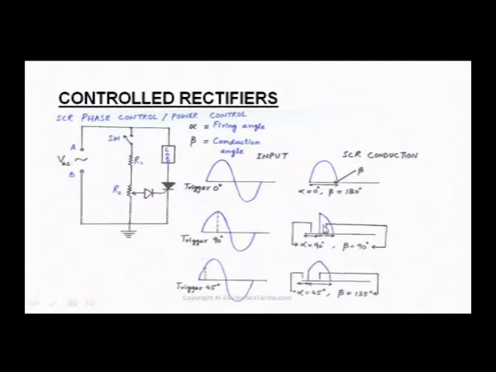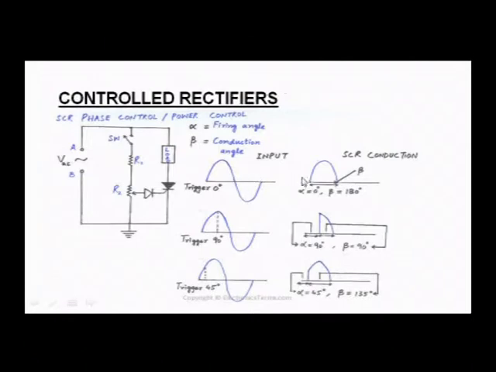Here alpha is 90, beta is 90, half the maximum output. Alpha is 45, beta is 135. So, 180 degrees is shared between the firing angle and the conduction angle. That is what I have clearly shown here, and this is the output waveform. It is unidirectional, you could make out. So, that is why it is DC.